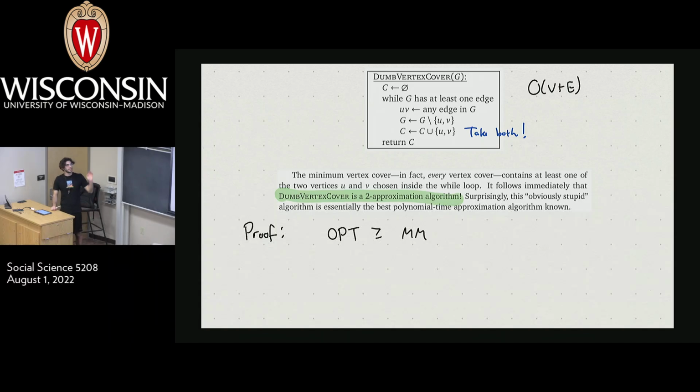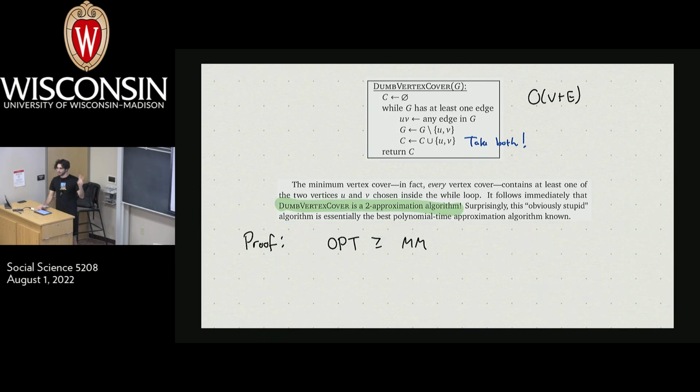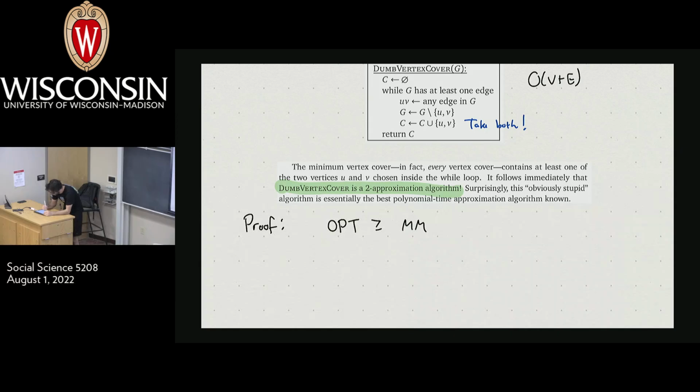So you have to at least pick one vertex per edge in a matching. But how big is our solution? We pick exactly 2 nodes per edge. So the size of our algorithm's solution is equal to 2 times the maximum matching. And since the maximum matching is at most opt, this is at most 2 times opt.